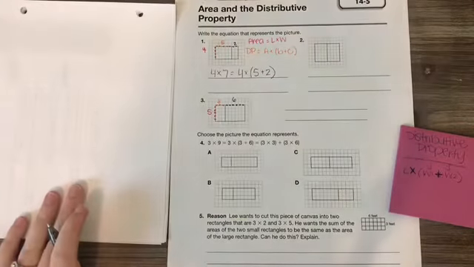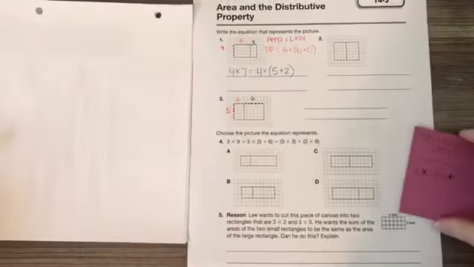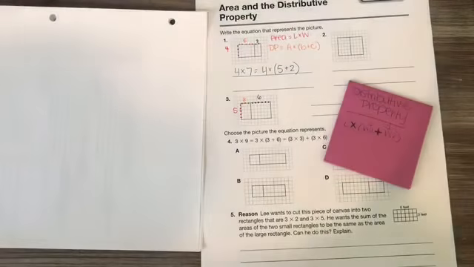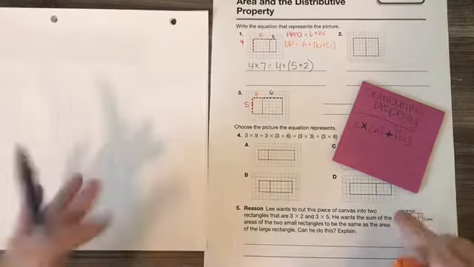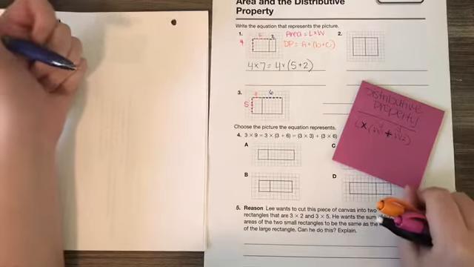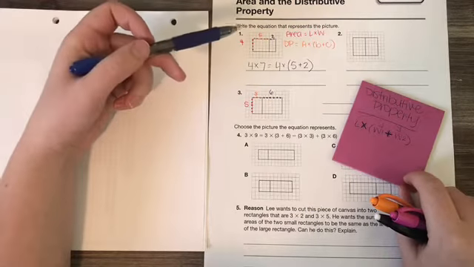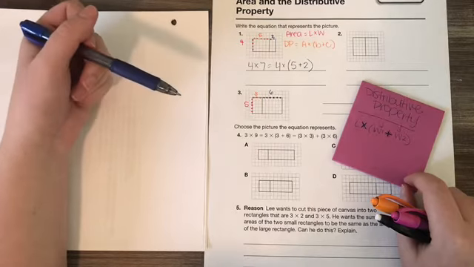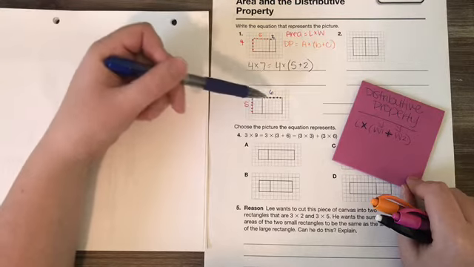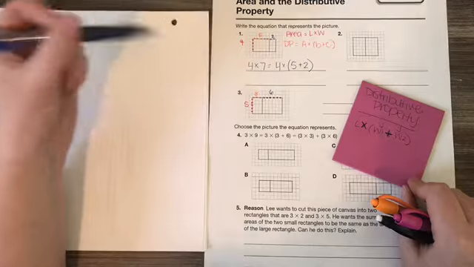All right, so now we have a new problem. And to write this problem, we're going to first find our distributive property. And it's really important to remember that when we use the distributive property, we are still finding the area. It's just a different way to find area since we have 2 different areas within a figure.